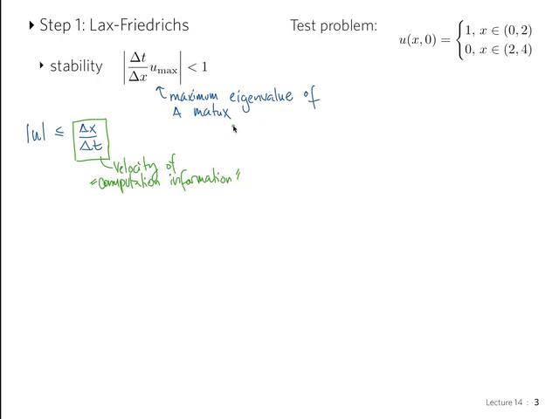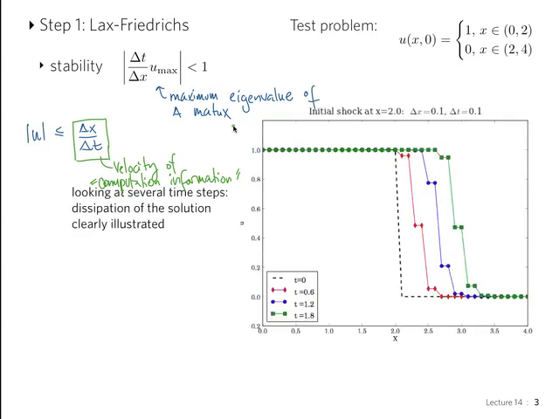If we calculate this solution with the delta x and delta t that I gave you, delta x equals 0.1 and delta t 0.1, so that CFL is equal to 1, and look at the solution at 3 different time values, you would get something like this, where the initial condition is the dashed line, and we are advancing the shock towards the right, and the shock itself is subject to numerical dissipation.